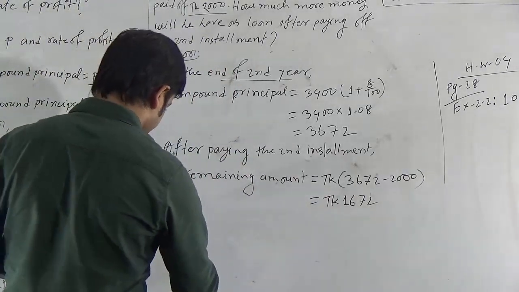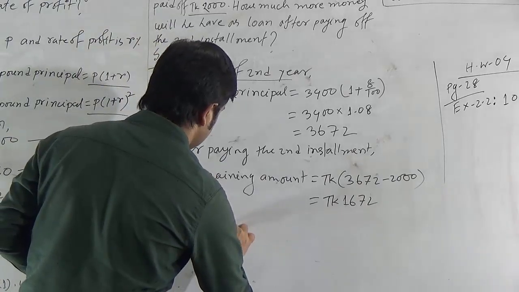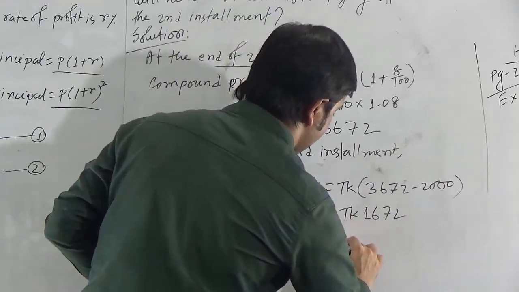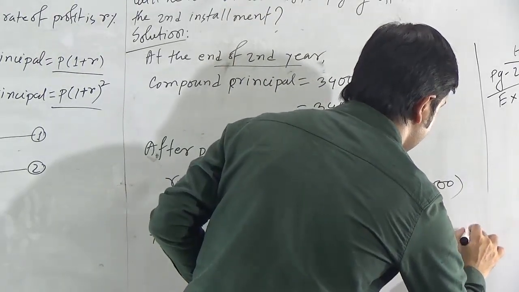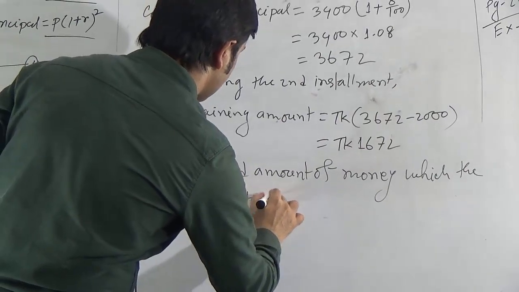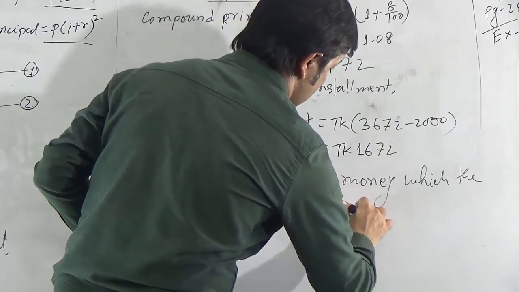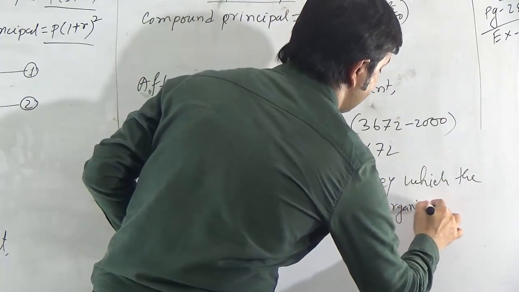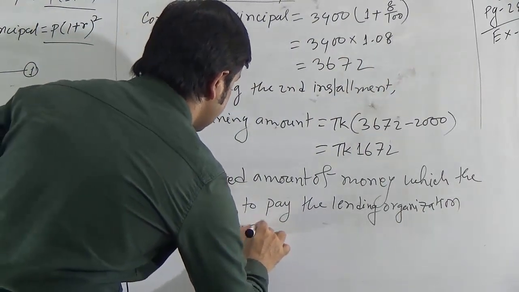So you can say the required amount of money which the person has to pay the lending organization is taka 1672.